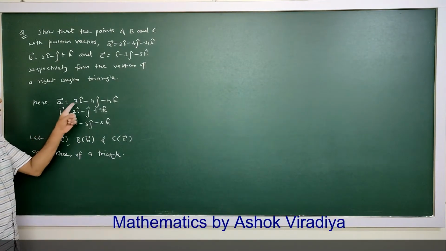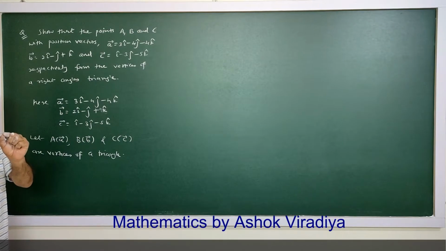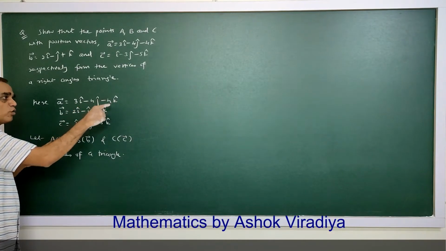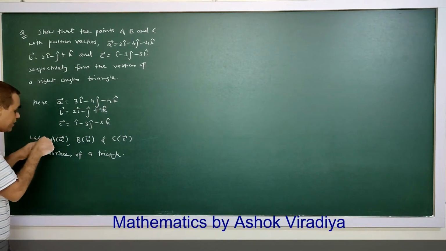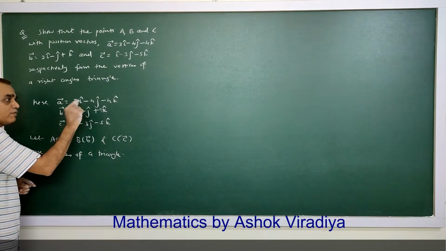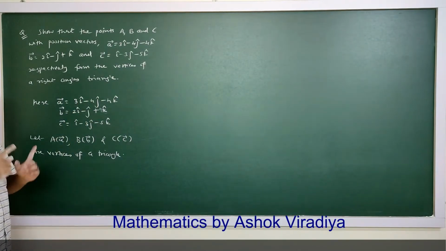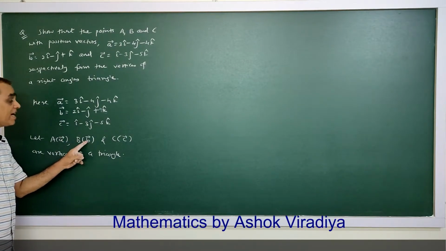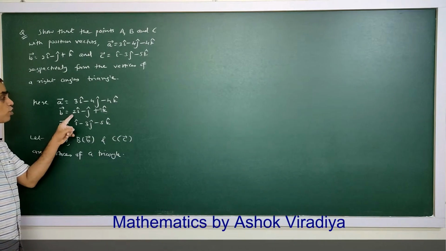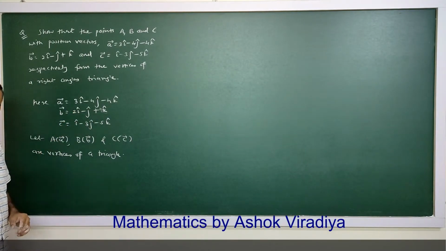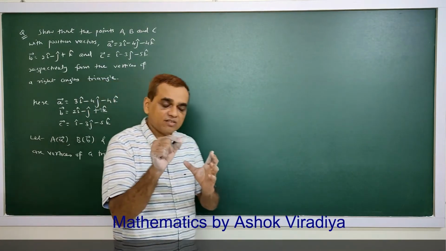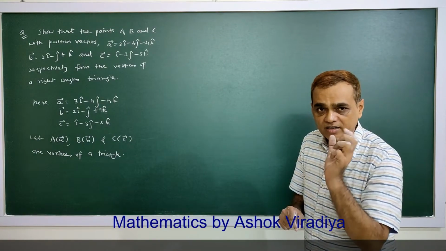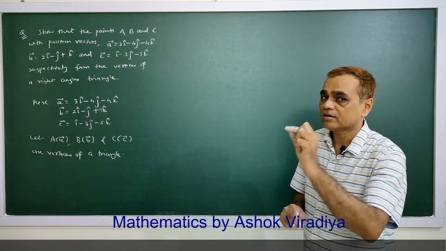See, a position vector represents coordinates. Position vector of A is 3i minus 4j minus 4k, that means the coordinates of A are 3, minus 4, minus 4. Similarly, the position vector of B is vector B, that means the coordinates of B are 2, minus 1, 1. So the scalar components of the position vector of any point give the coordinates of that point.